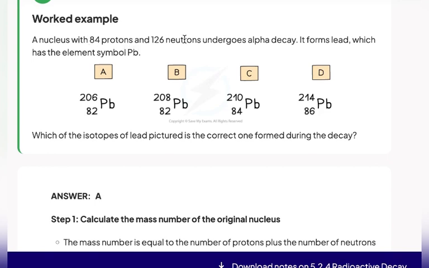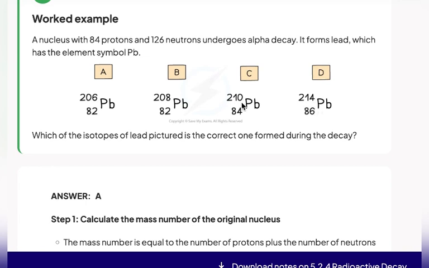So 84 protons and 126 neutrons undergo alpha decay. It forms lead, which has the element symbol Pb. So which of the isotopes of lead pictured is the correct one formed during the decay?